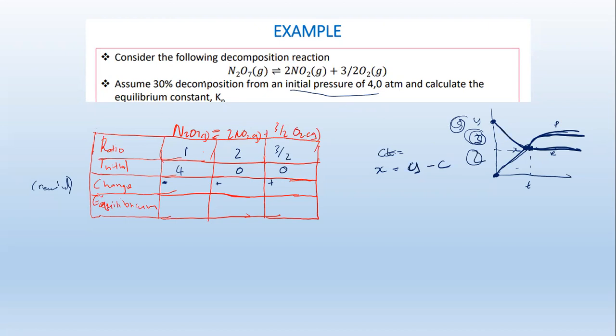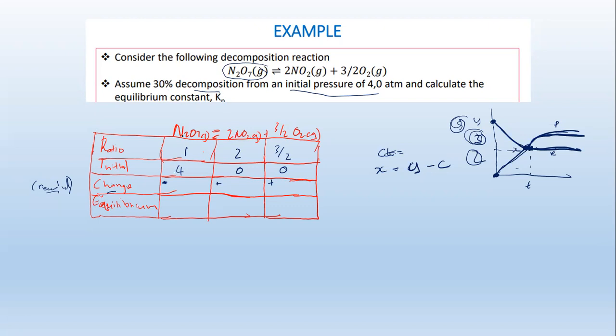They said assume 30% decomposition from initial pressure. So this is the only one that decomposes, the only one that is reacting, or the only one that is changing. So you can say reacted, change, or decomposition. They said only 30% of this initial has decomposed, so it has changed.